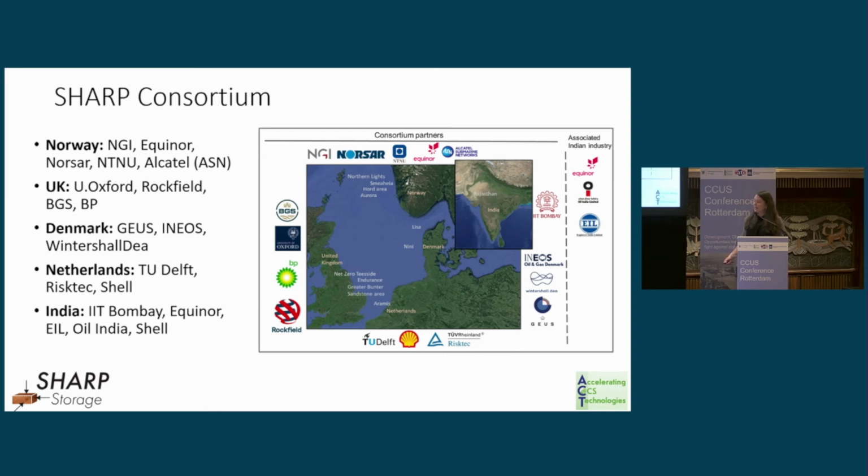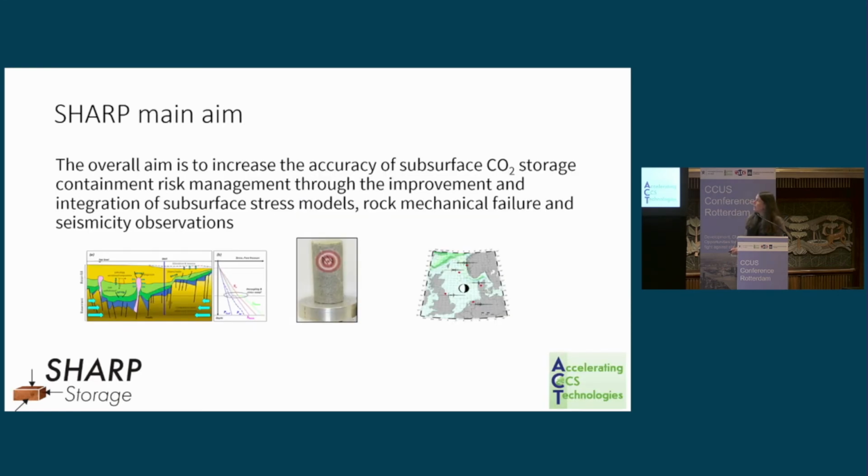And then we have India as a partner, and they are in the project mainly to learn and hopefully kickstart also CCS in India. So the main aim is to increase the accuracy of subsurface storage containment risk management, and we will do that by improving and integrating subsurface stress models, rock mechanical failure, and the seismicity observations.